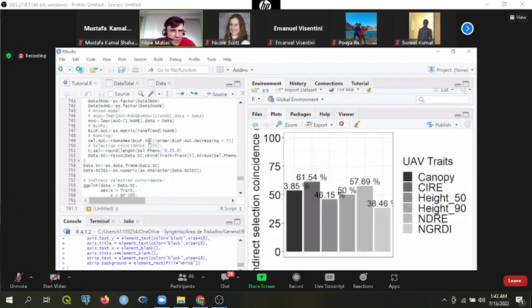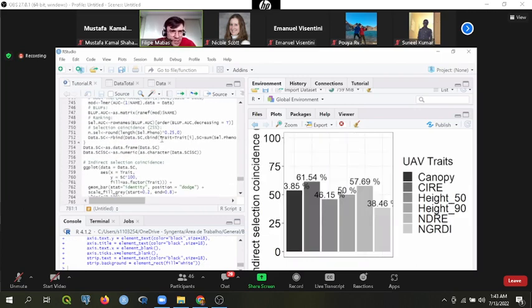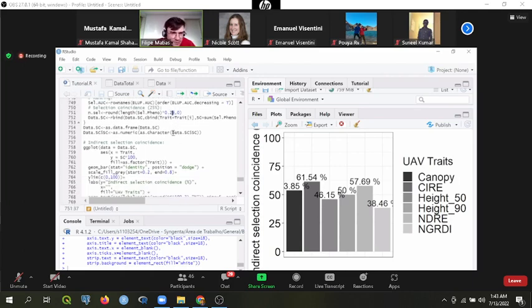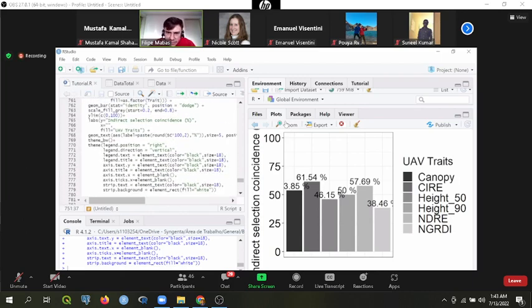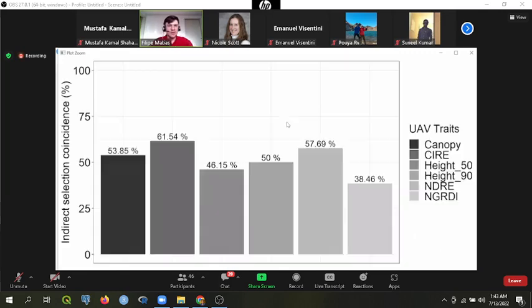And what we have here, we are only selecting 25% of, actually no, let me see. So basically, when we rank genotypes in yield and those traits, for example, for this index, CRA, we are selecting 61% of genotypes in common.